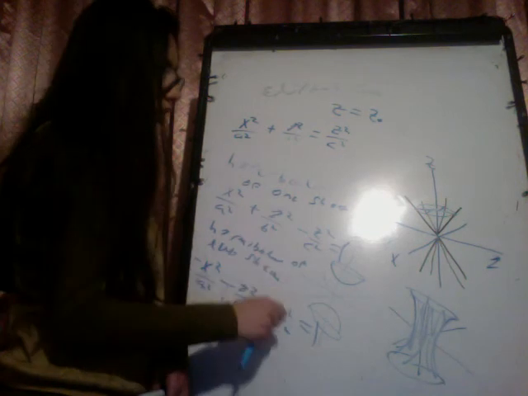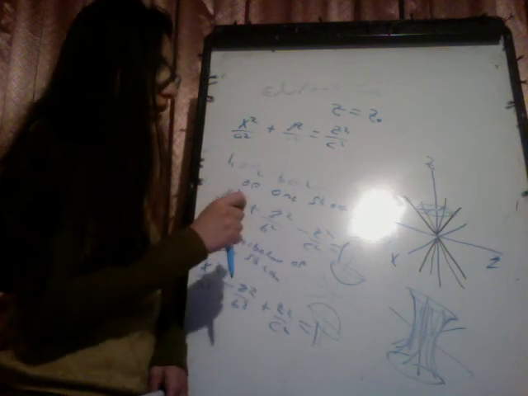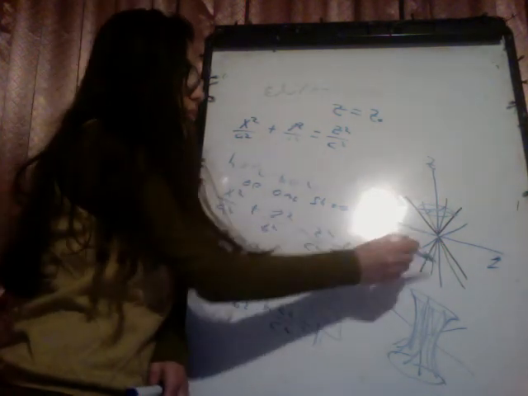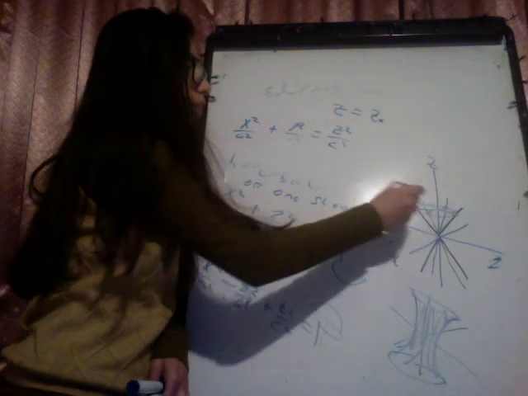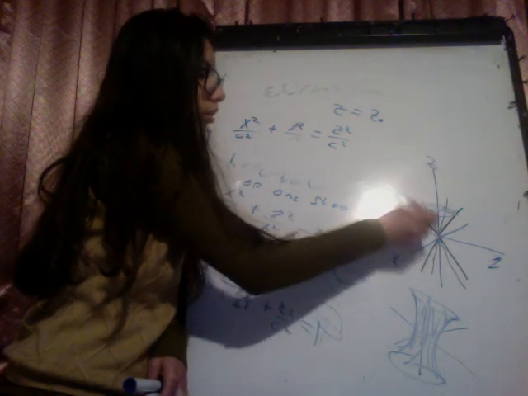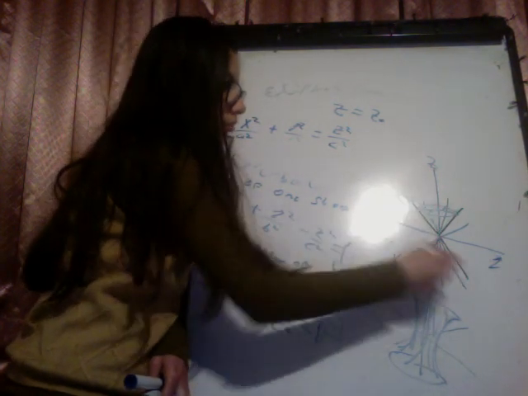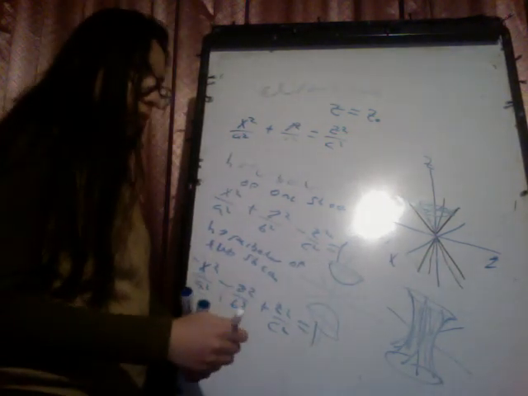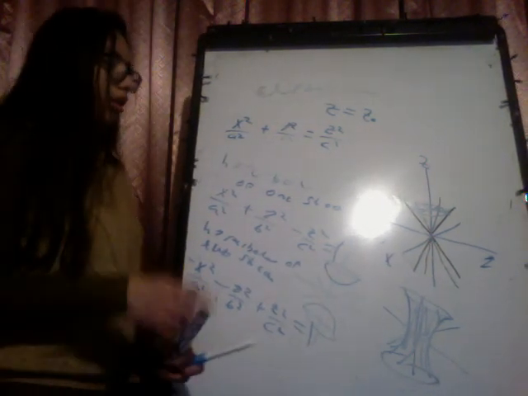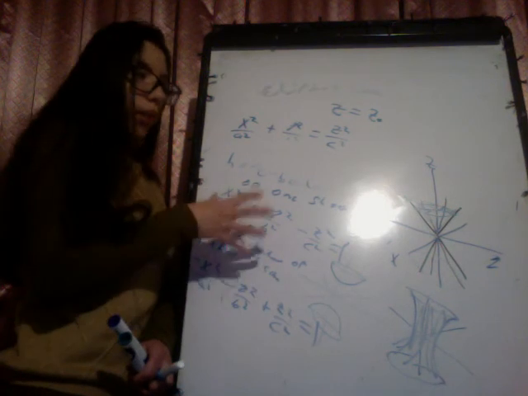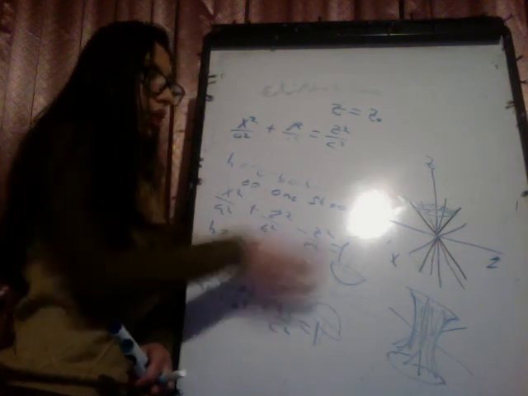So both of these converge or are asymptotic to this elliptic cone. Here the hyperboloids are asymptotic to the elliptic cone.